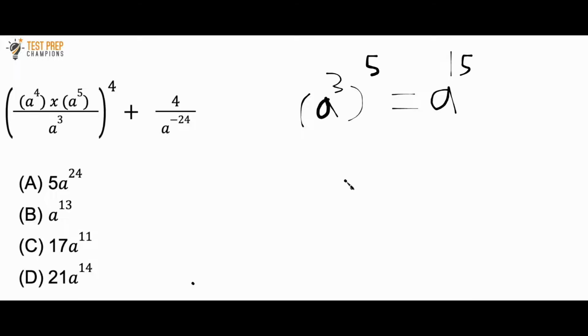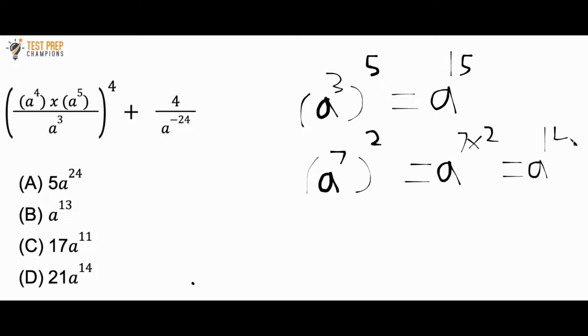Let me give you another quick example: a raised to the 7th, raised to the 2nd. This is the same as a raised to the 7 times 2, which is equal to a to the 14th. So again, when we're raising a number with an exponent to another exponent, all we do is multiply the exponents.